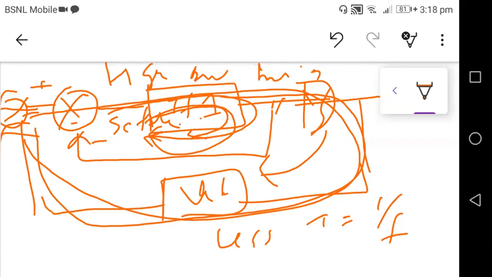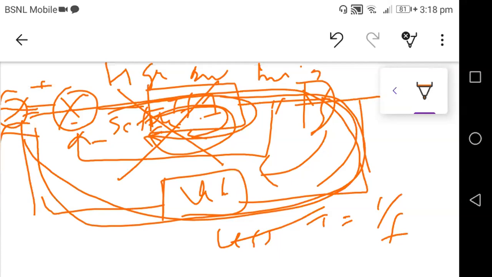You understand? Yes, sir. Otherwise, if the time constant of the outer loop is higher, it will affect the system only after the completion of the inner loop, so it does not have any effect on the system.